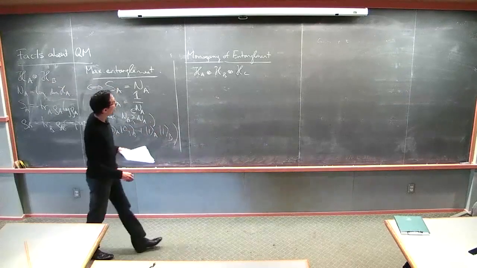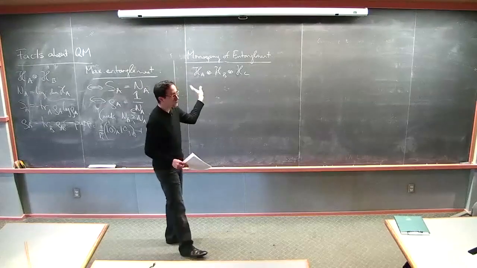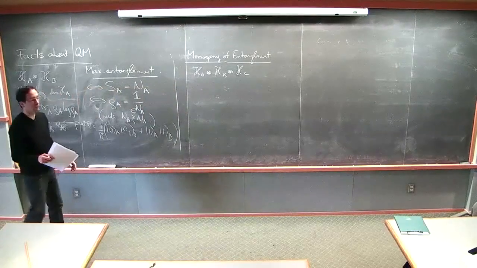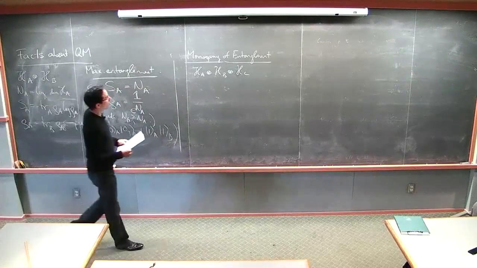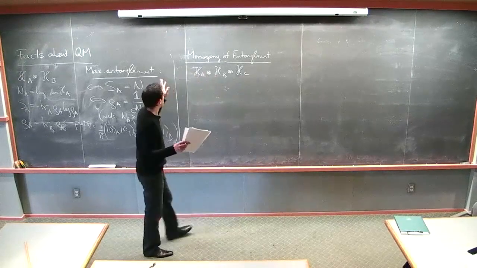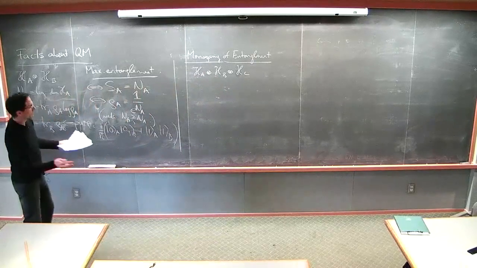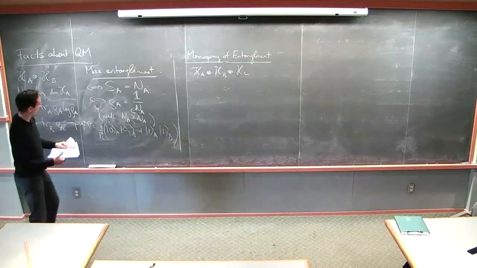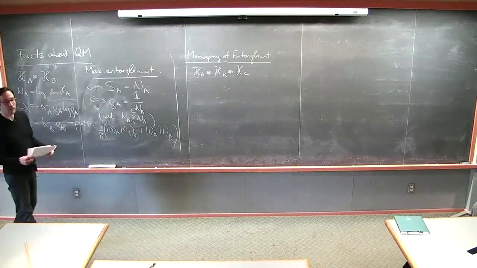Is it possible to write down a state for the whole ABC system such that B is also entangled with C? Let's just, to make it particularly crass, say same kind of state for B and C, maximally entangled.